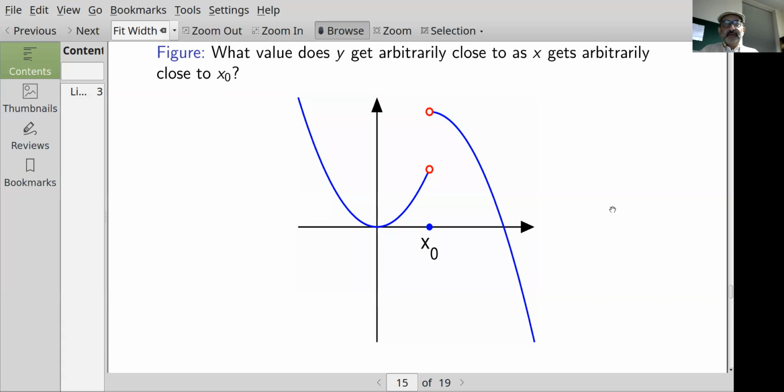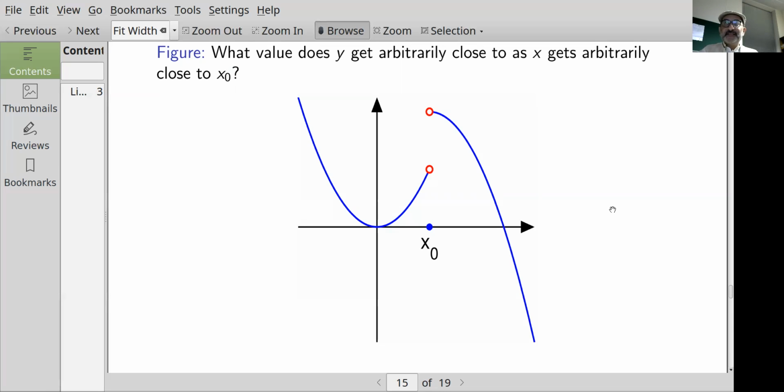So when you're taking numbers which are bigger than x naught and you ask what is f of x, then you're getting numbers that are close to the y value of the higher red circle. And if you're going from the left and you're taking values that are really, really close to x naught, then you are getting y values that are very close to the height of the lower red circle.